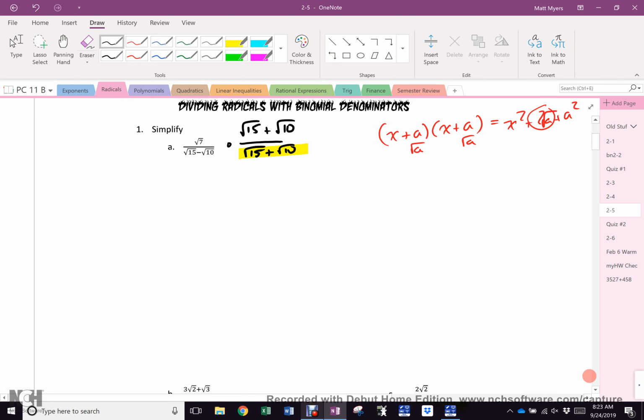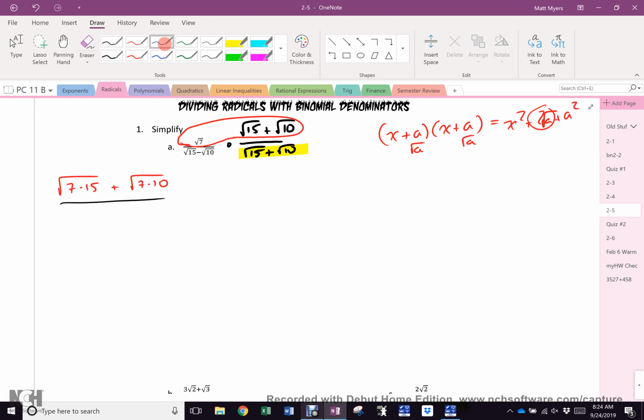So this top one up here is going to be the root of 7 times 15 plus the root of 7 times 10. That is the top section. Is there anybody that doesn't understand what I did there or doesn't remember how to do it? We're all cool there, right? Okay.